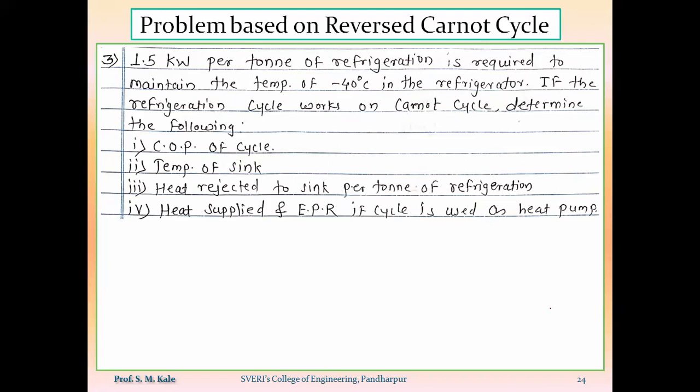If the refrigeration cycle works on Carnot cycle, determine the following. First, COP of the cycle. Second, temperature of sink. Third, heat rejected to the sink per ton of refrigeration. And fourth, heat supplied and energy performance ratio if the cycle is used as a heat pump.